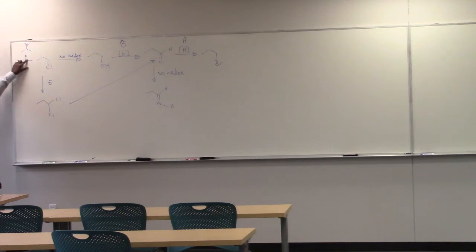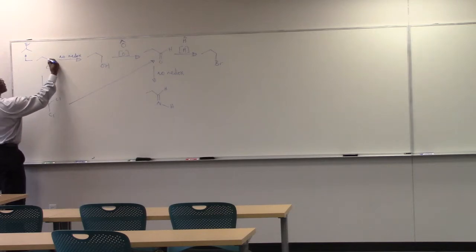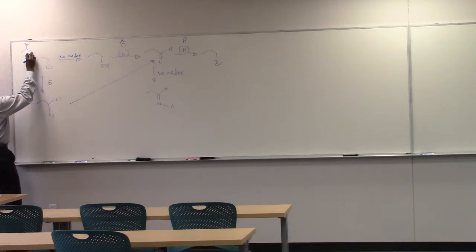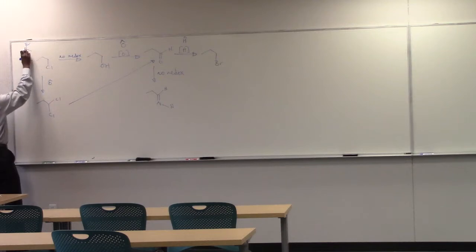Now if I look at this one, and I ask you what's happening here, well, this compound contains 1 carbon at the alcohol level, but in the product, this is now at the alkane level. So that is actually reduction. But this carbon is at the alkane level, and it goes now to the alcohol level in the product.